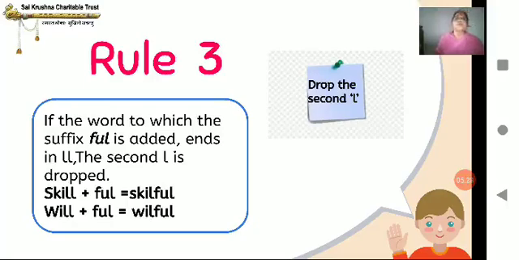All these words, what do they have? Double L at the end. To this, which suffix am I adding? F-U-L. What happens then? You add the ful completely, but leave out one L from skill, the last two letters. Skill becomes skillful. S-K-I-L-F-U-L, not double L. Will plus ful becomes willful.